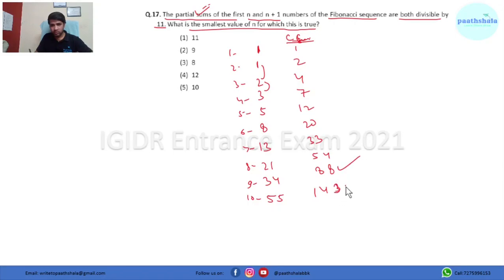Now look at these two values. This is 88 and this is 143, so both are divisible by 11. So the minimum value of n will be, in this case, n equals 9, so this will be your option.